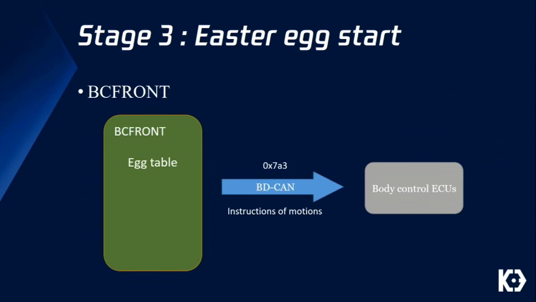And then we found something in the BC front. There's a very large scale of data. We call it the Easter egg table. The table defines the actions and the time, and the BC front will transfer the table on the body CAN to tell other ECUs what to do.